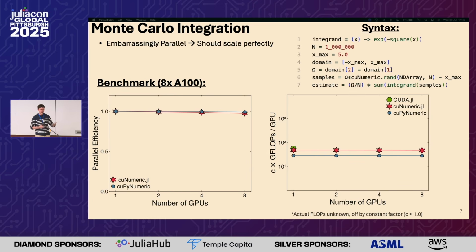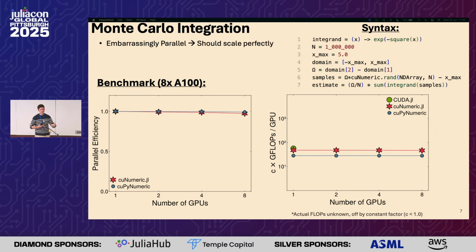If we actually look at the throughput for these different kernels, though, we see a little bit of stratification. Specifically, cuPyNumeric is a little bit less performant than the Julia wrapper that we've created. And one thing to note, the y-axis here is not exactly gigaflops. There's some constant factor that we don't know. And then we also ran CUDA.jl on just one GPU to see the throughput and treat that as our benchmark.